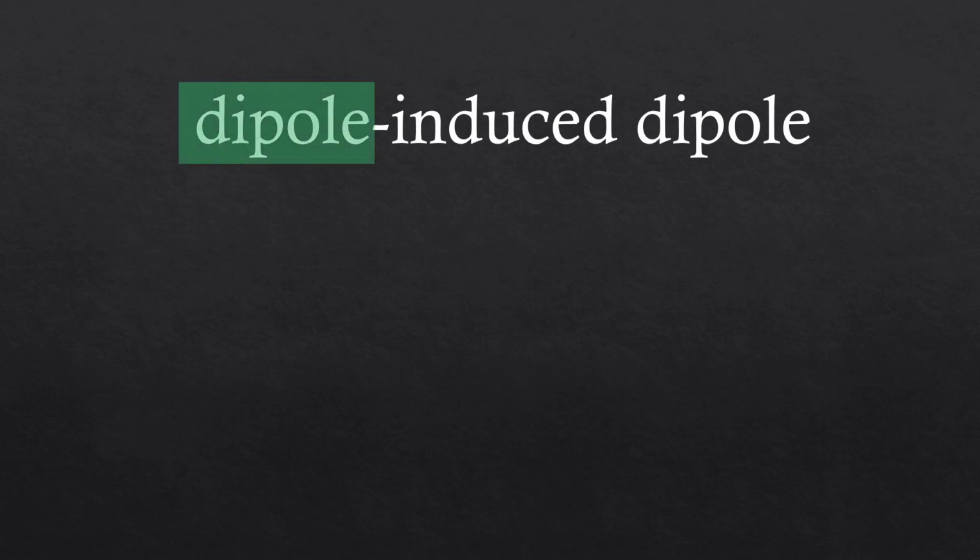here the word dipole is broken down into two words. Di, that means two, and pole, that means the positive and negative side of the molecule. Just suppose that we have NaCl, the salt.